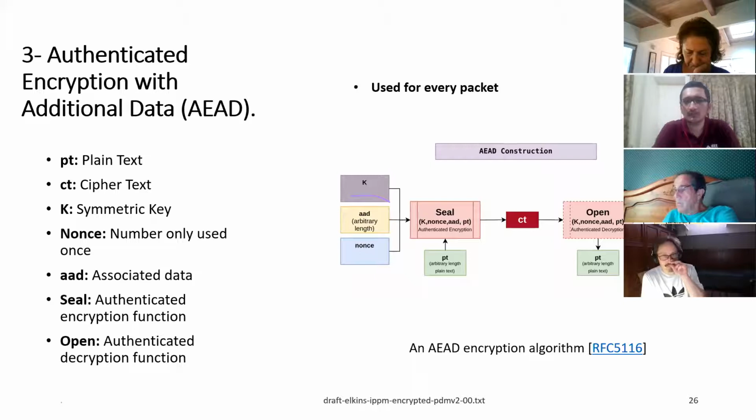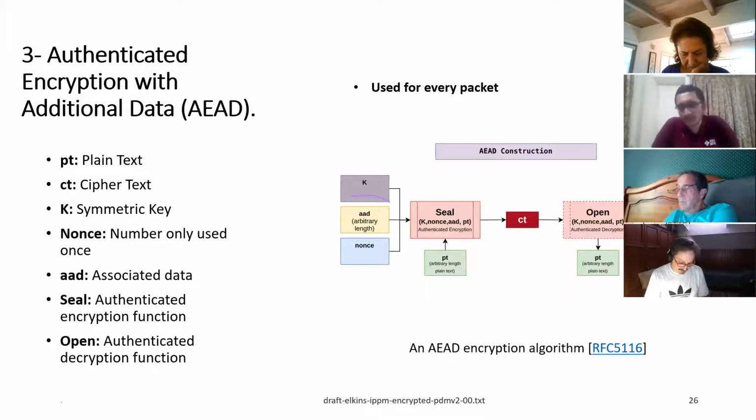So in the authenticated encryption with additional data, this function is used for each packet. In this we have a seal function, and this K can be the session key, and this is the associated data and the nonce, and this is the plaintext, and this seal function gives you the ciphertext.